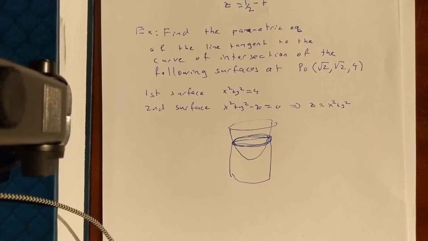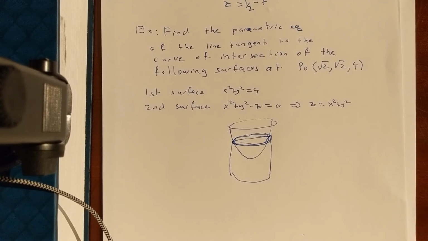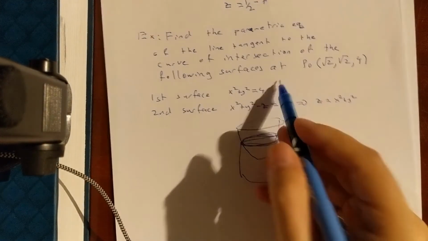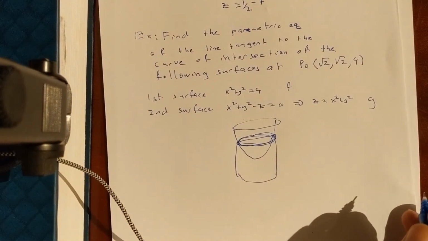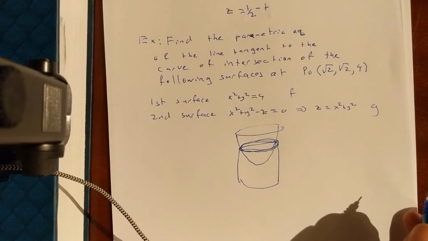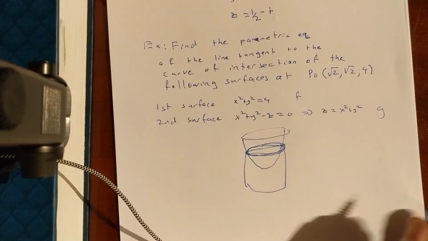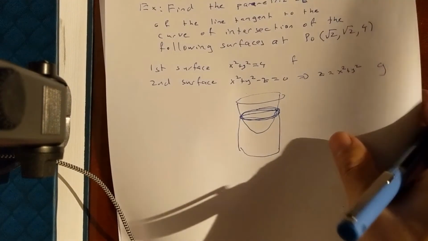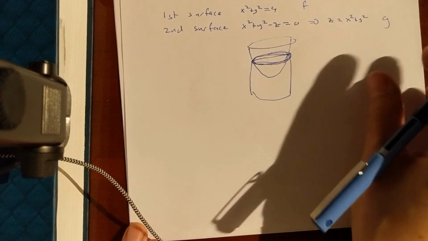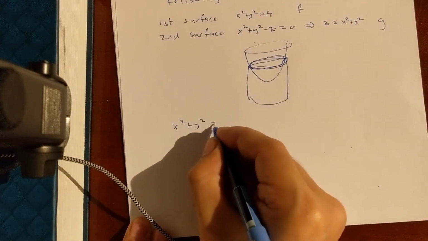Right. So very good. Now let's find the gradients of f and g. I'm going to call this f and this g. I'm going to write these as functions of 3 variables. So from here, x squared plus y squared equals 4.